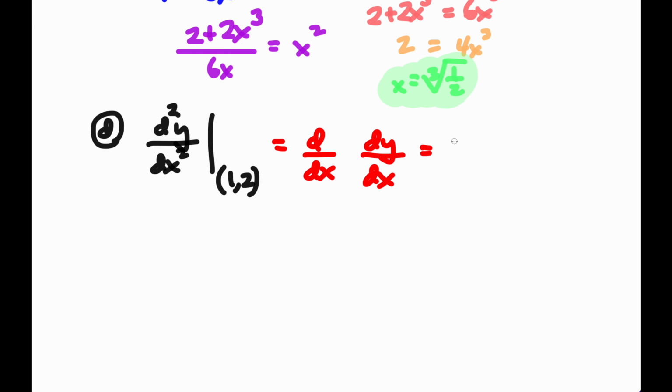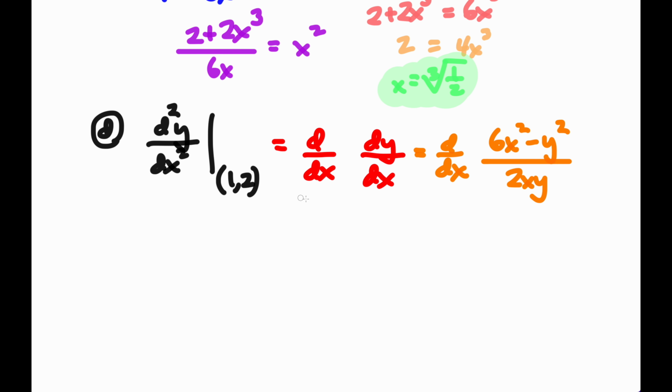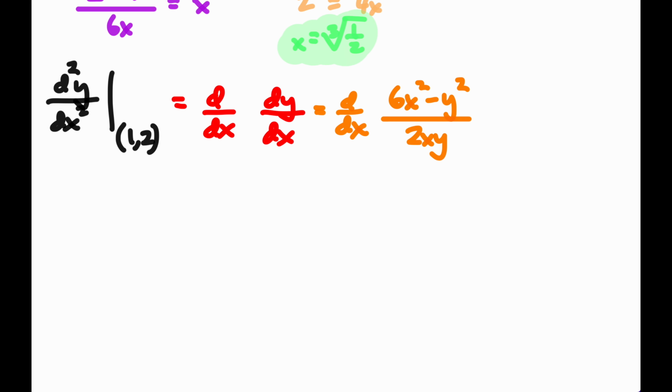So we're going to do the derivative, whoops, let's do a different color, of (6x squared minus y squared) over 2xy. Hopefully you see that this is quotient rule because you have a function divided by another function.